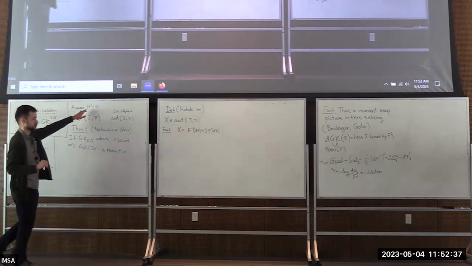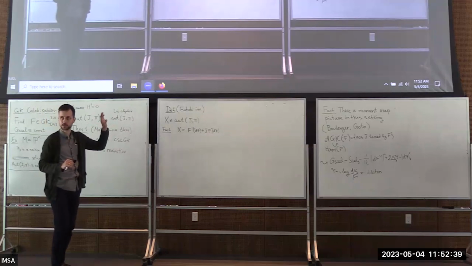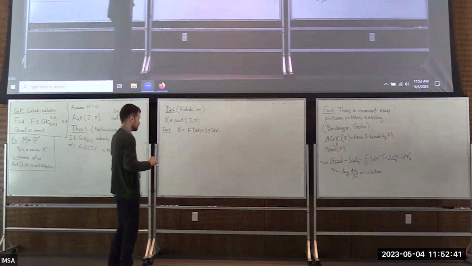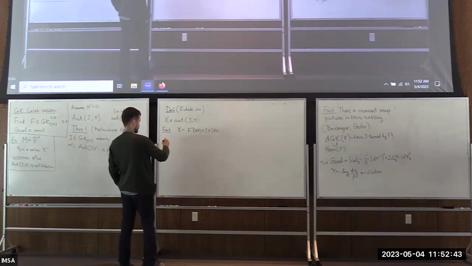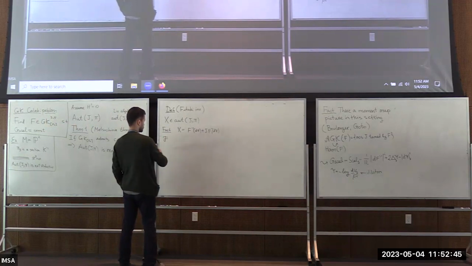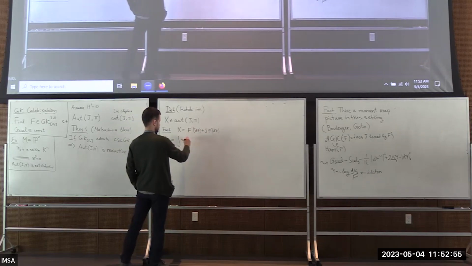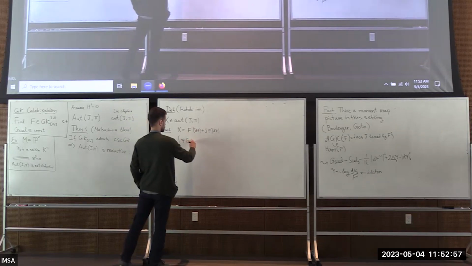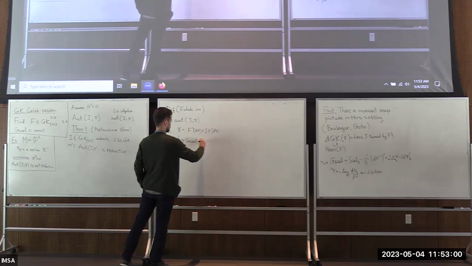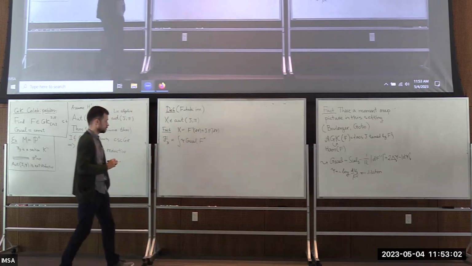And then in this case I can define the Futaki invariant. So the Futaki invariant of this vector field will be a number. I define this number as the integral of this function psi against the generalized Kähler curvature to the n.